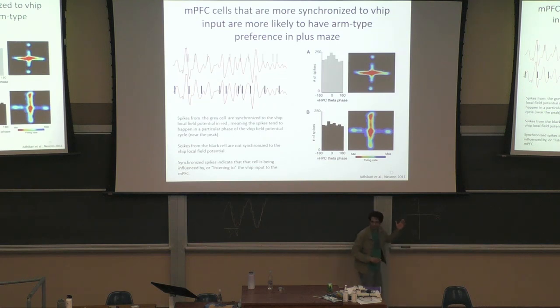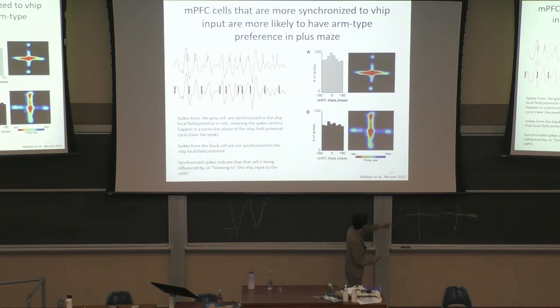So some of the cells are good at differentiating one arm type from the other. So perhaps one cell was active only here. So this cell was active only in the closed arm, so it was good at differentiating one arm type from the other. And perhaps another cell was active somewhat homogeneously in the whole maze. Okay, so that cell wasn't good at separating one arm type from the other.